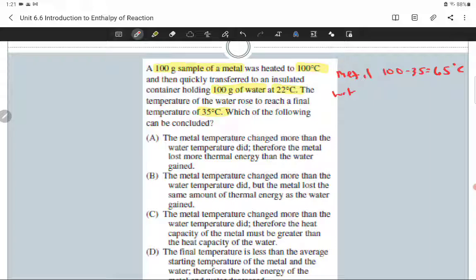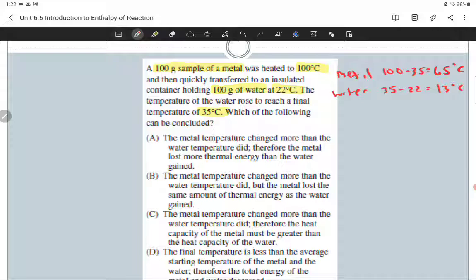And the water goes from an initial temperature of 22 to a final temperature of 35, and that's only a difference of 13 degrees Celsius. Yeah, one's going up in temperature, one's going down in temperature, but for the purpose of this question I'm leaving both as positive changes. Which of the following could be concluded?